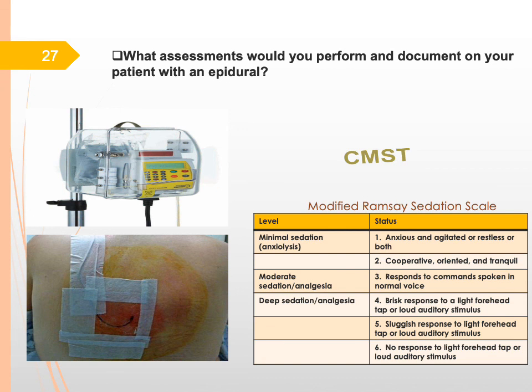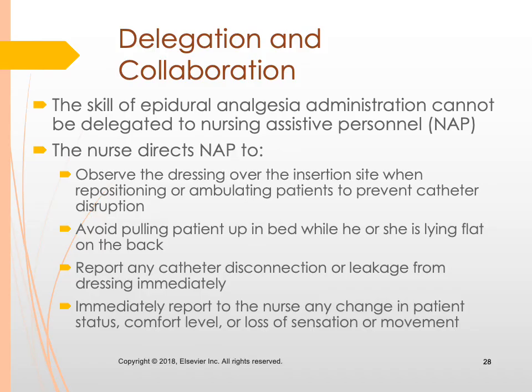And again, you'll have to find out what's used in the facility where you work, but this is a pretty common one. CMST is on there, and that's one of the ones you use to check neurological status and circulation. So remember, circulation, movement, sensation, and temperature. All assessments you want to provide for your patients.